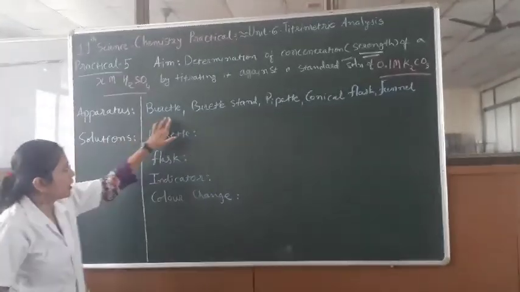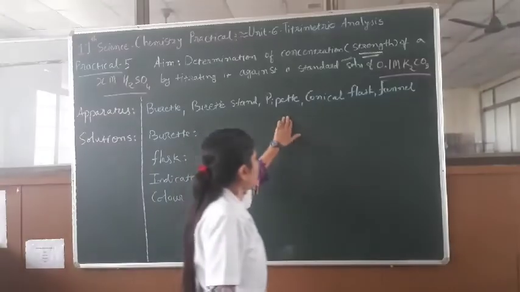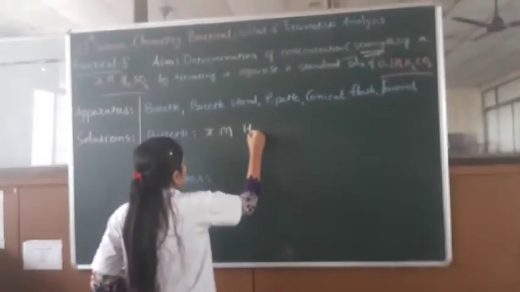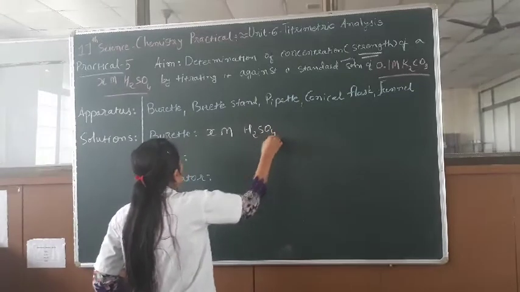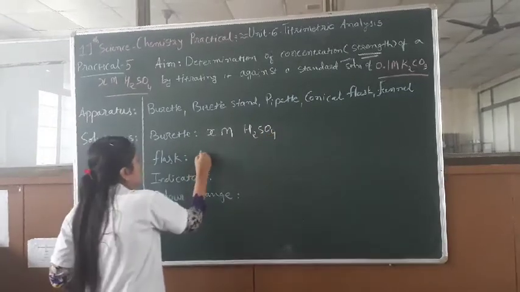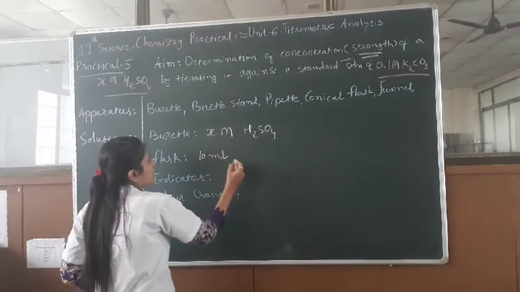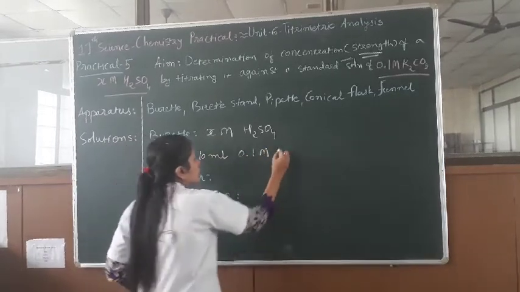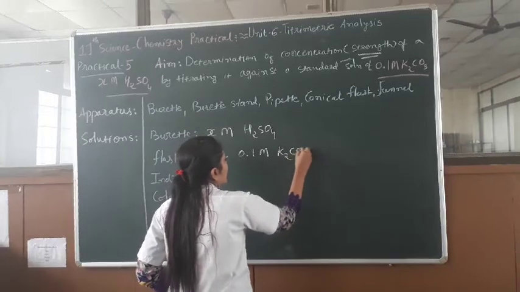Apparatus: burette, burette stand, pipette, conical flask, funnel. Next line, solutions. What is our burette solution? Our burette solution is X molar H2SO4. What is our flask solution? 10 ml of 0.1 molar potassium carbonate K2CO3.